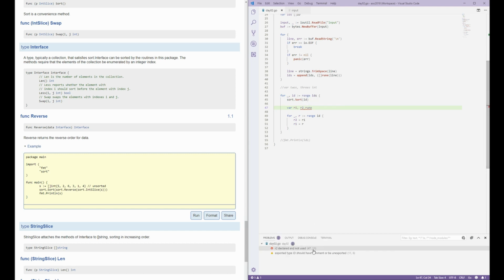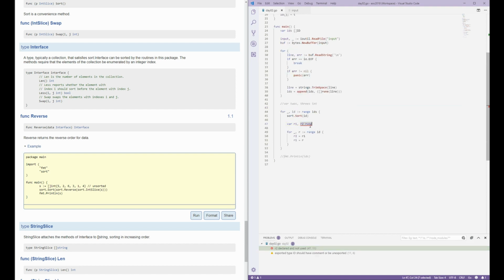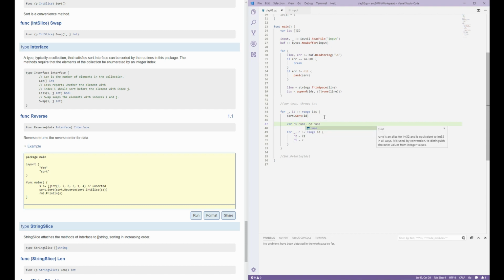What the heck? Okay, R2 declared not used. It is being used. That's not how we do it, is it?